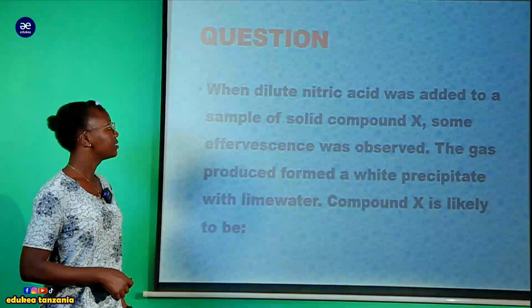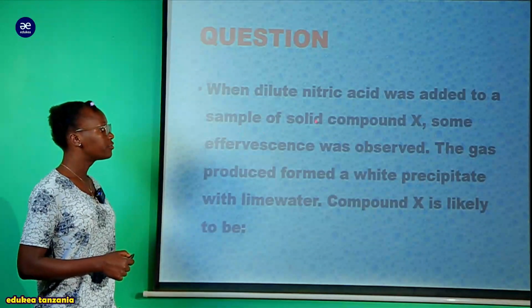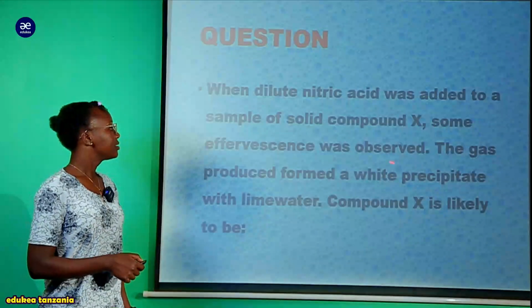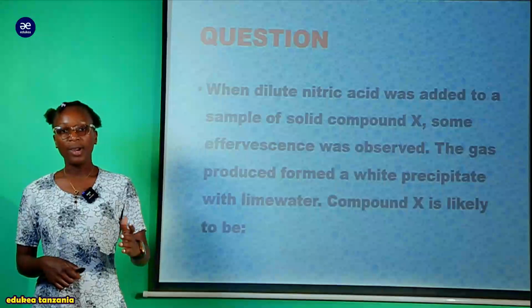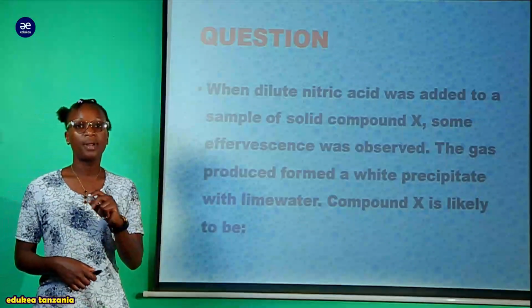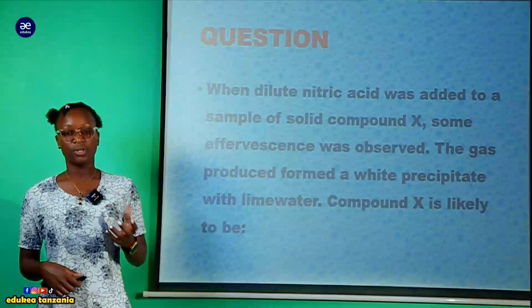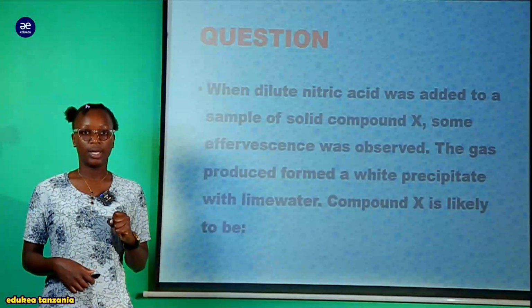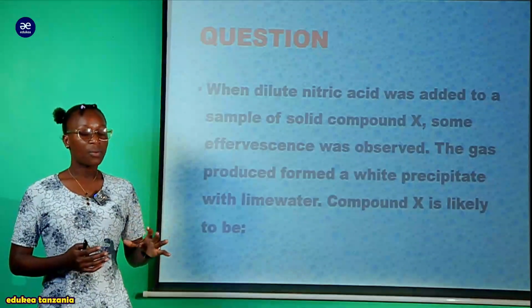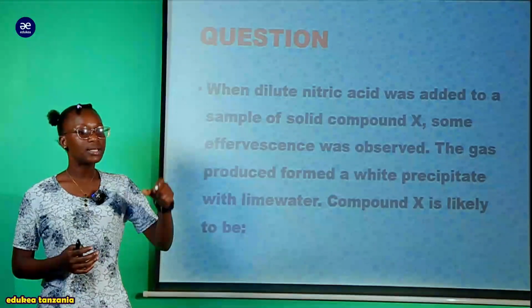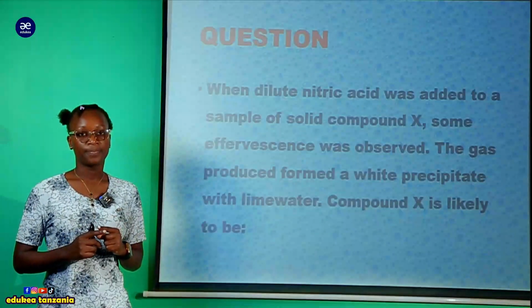Okay, we are proceeding. Anasema when dilute nitric acid was added to a sample of solid compound X, some effervescence was observed. Kumbuka ile compound ilikuwa ni solid. Kwa namna moja, chukulia mfano ile chumvi ya nyumbani, ile ipo in form of solid, au chukulia hata sukari ilivyo. So it means ile ipo katika solid nature. Aliweka kwenye test tube, akaweka kwenye heat, very strong heat, lakini no changes were observed.